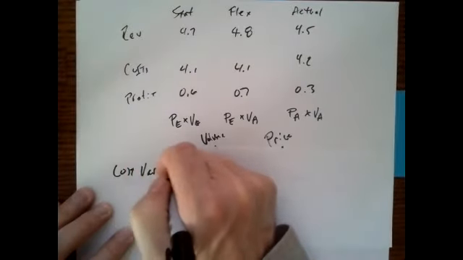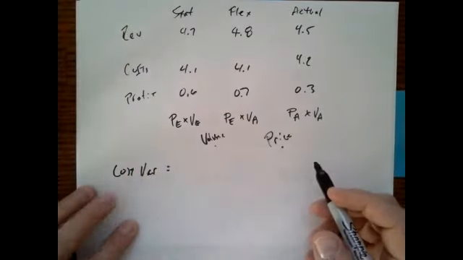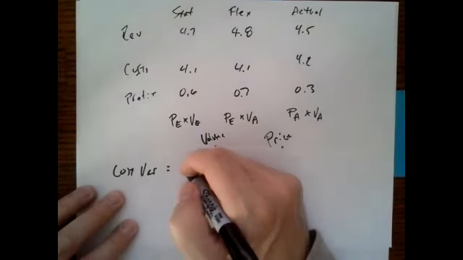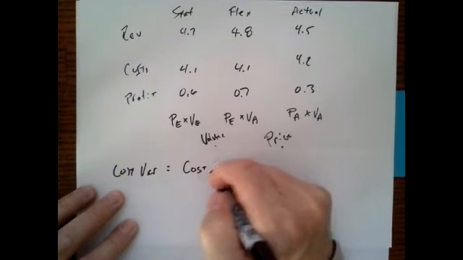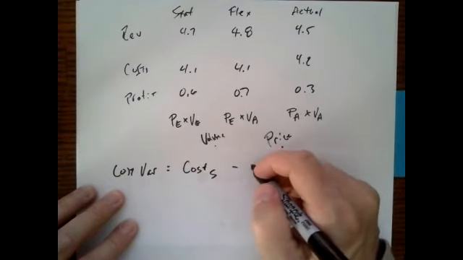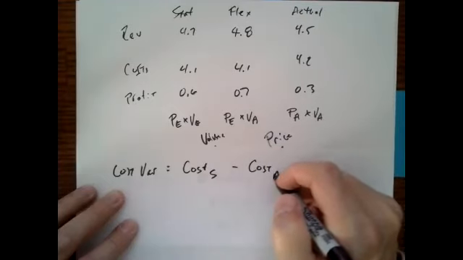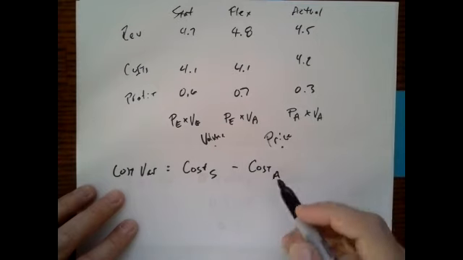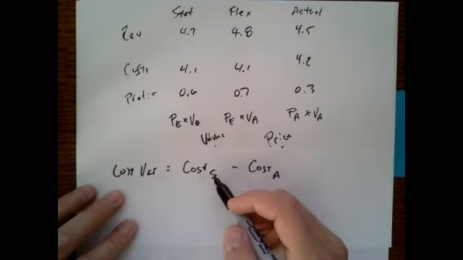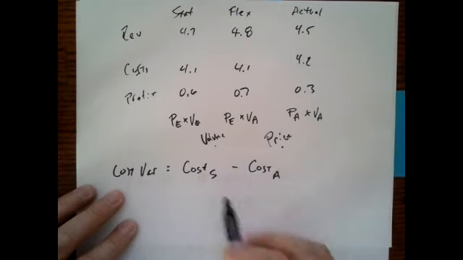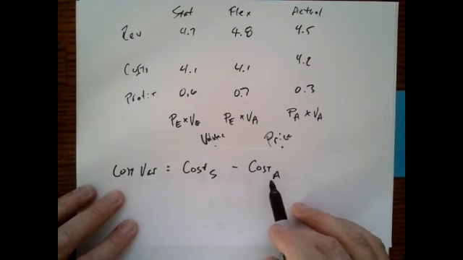Cost variance is going to equal the statistics cost minus the actual cost. Now, we flipped that, right? Because before I was taking actual minus statistic. Now I'm flipping and I'm saying statistic cost minus actual cost.